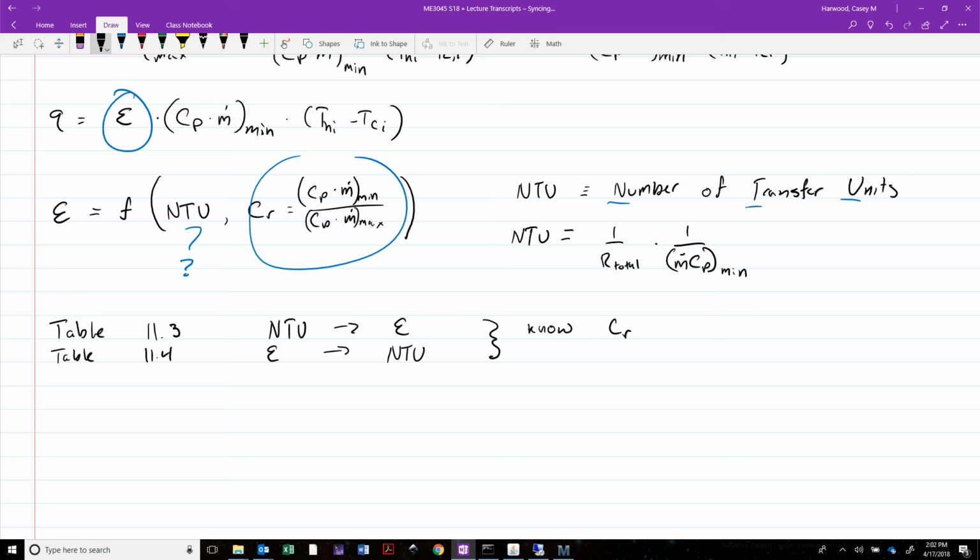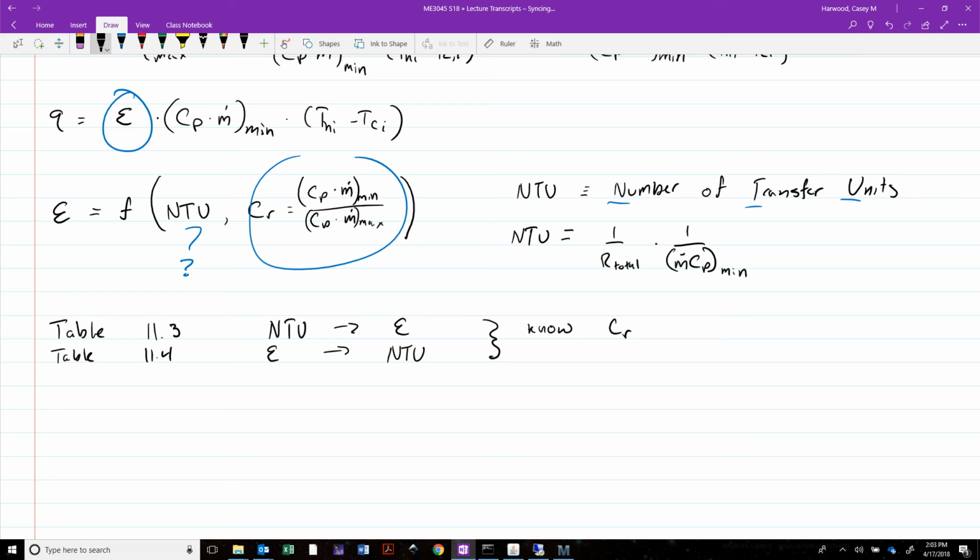It may also include additional thermal resistance created by, for example, scale or fouling of the walls of your heat exchanger. That is the accumulation of things like rust or calcium deposits or algae that tend to inhibit heat transfer by acting like an insulating layer. Those will be included in this R total as well.